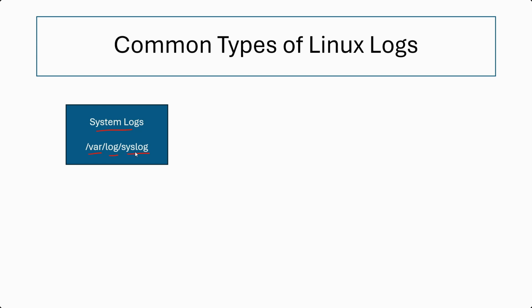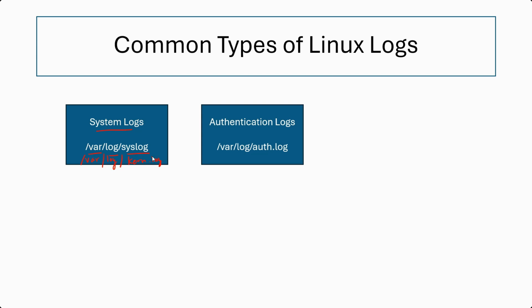This is a general system log that captures a wide range of system information. You can also find the kernel log at /var/log/kern.log. This consists of all the kernel related logs.